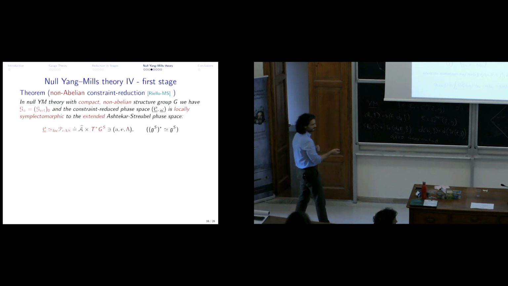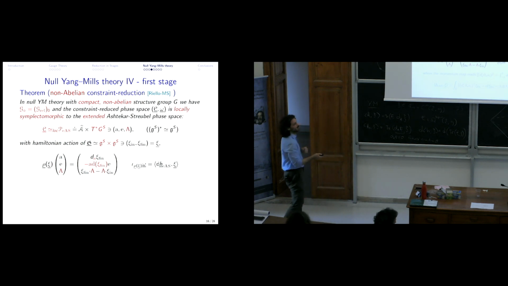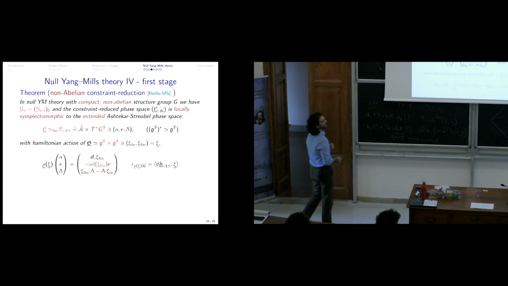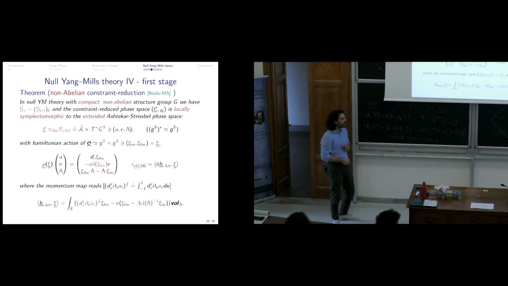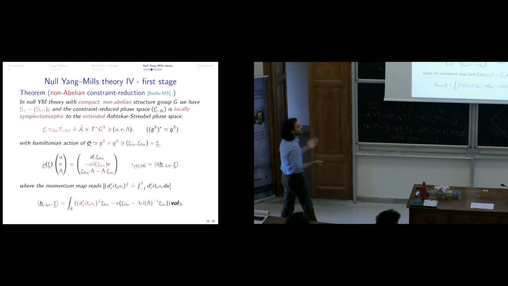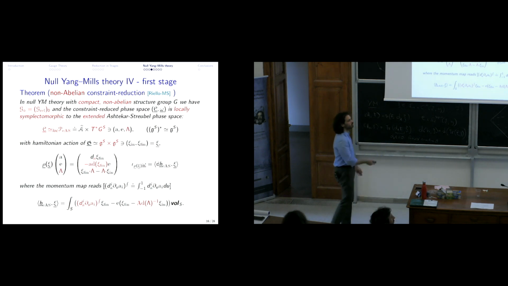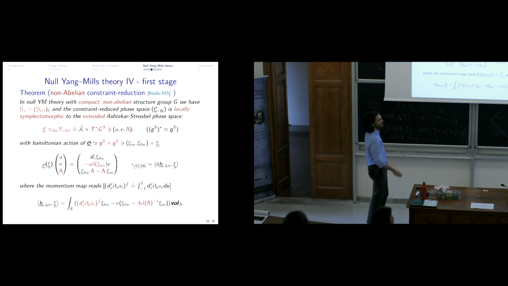This is all very explicit. And over it, there is a residual Hamiltonian action, which is also very explicit, with the following momentum map. Well, okay, so this might not be particularly illuminating, but it is an example of a momentum map over a Fréchet manifold that is non-trivial.